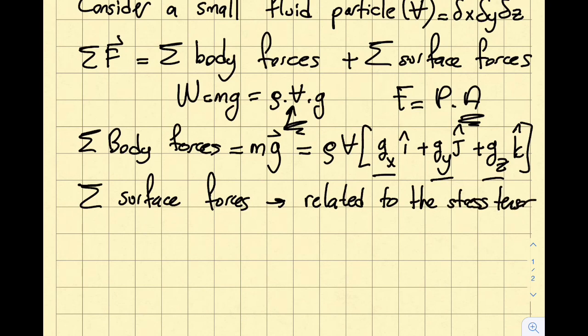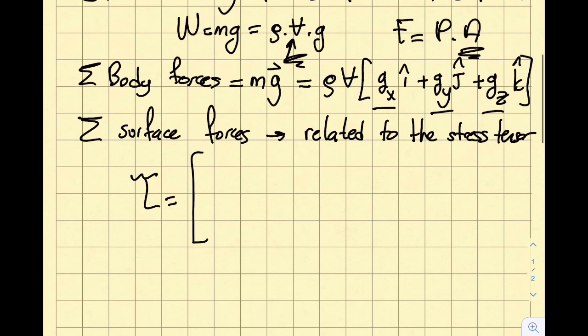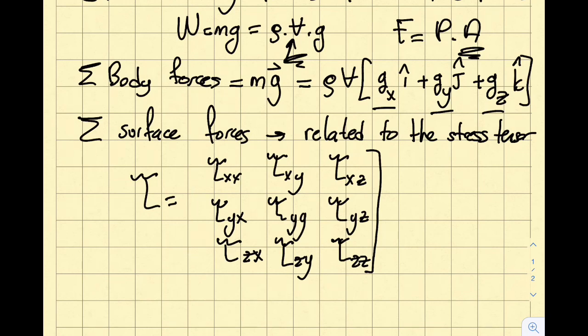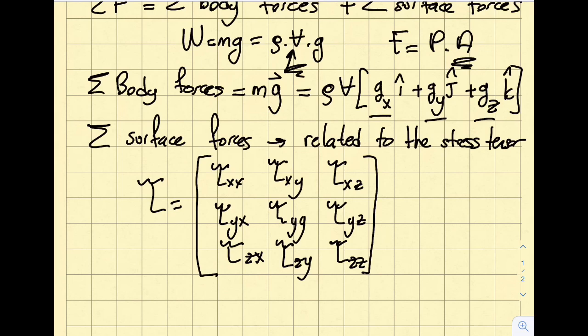The tensor is two-dimensional, so if I write this over here, it's going to be tau xx, tau xy, tau xz, tau yx, tau yy, tau yz, tau zx, tau zy, and tau zz. It will have 9 components, as you can see. So this is my stress tensor, and this is related to the forces.